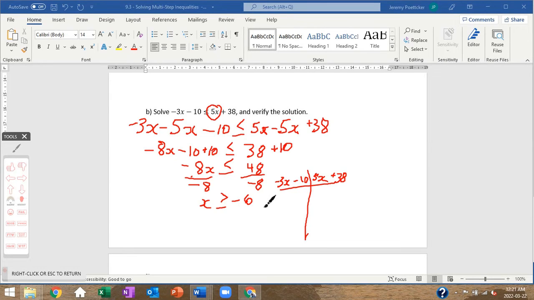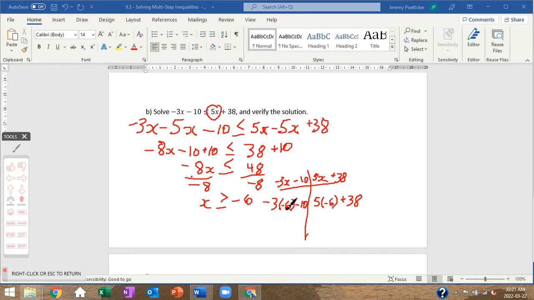So negative 3 times negative 6 minus 10 and 5 again times negative 6. And I'm checking for boundary points, so I do hope that both sides end up being equal. If they don't, it would appear I've done something wrong.